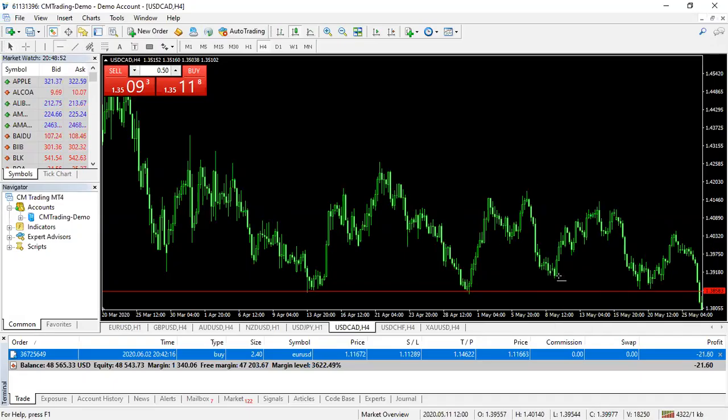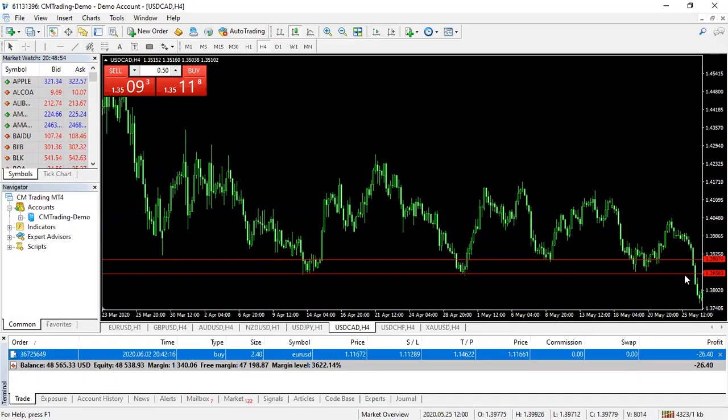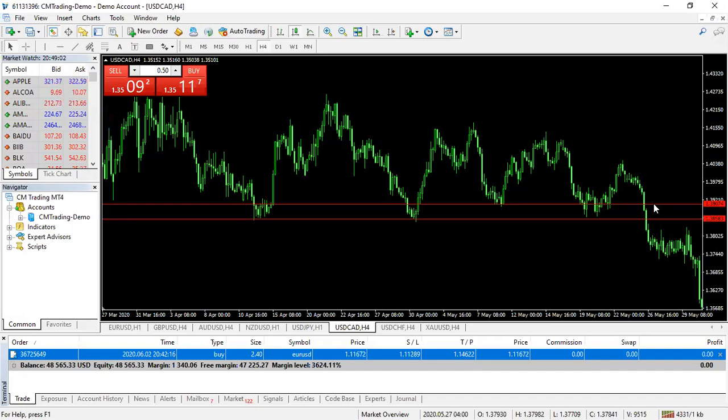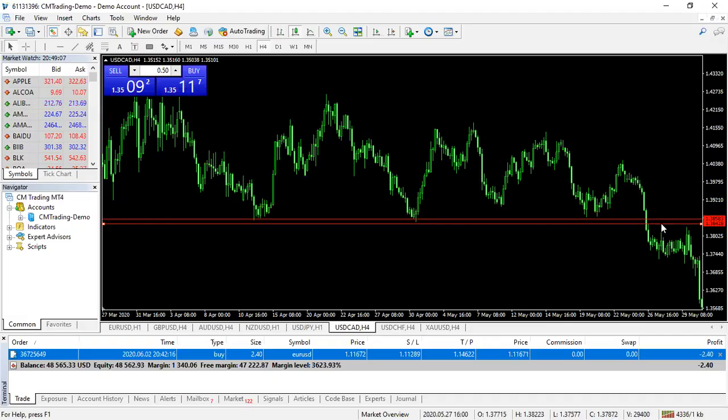So let's say we decided to enter a sell here. Our stop loss is there. Then what happened is the market moved. So you see that. So we decide to move this stop loss where? To entry or slightly there. So this is now the stop loss.